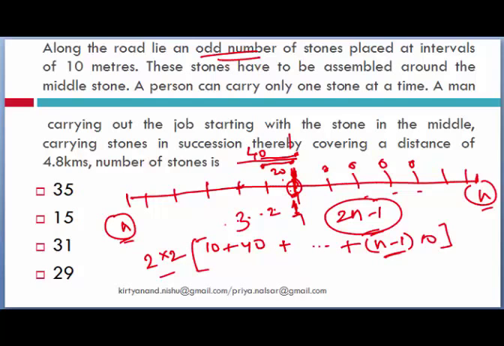So see, this is the first stone, okay, this is the second stone, so this is n, yeah, but the distance that we are covering for this is nothing but 10 plus 10, 20 meters, right?